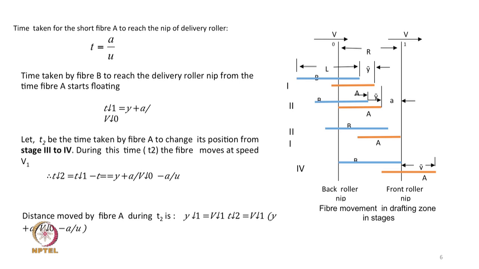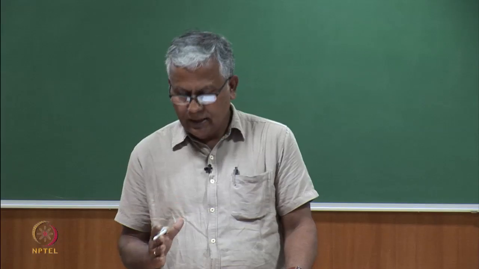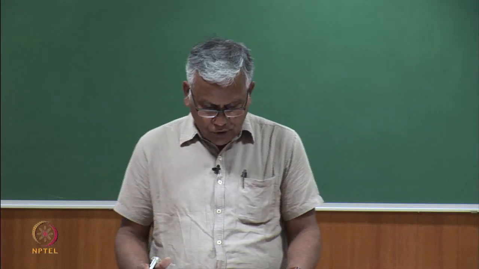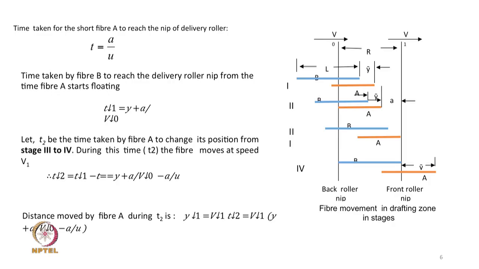Now, let t2 be the time taken by fiber A to change its position from stage 3 to stage 4. At the end of stage 3, fiber A has just reached the front roller nip. From now onwards, A will continue to move at the speed of v1; we are certain about the speed of the short fibers during this time.